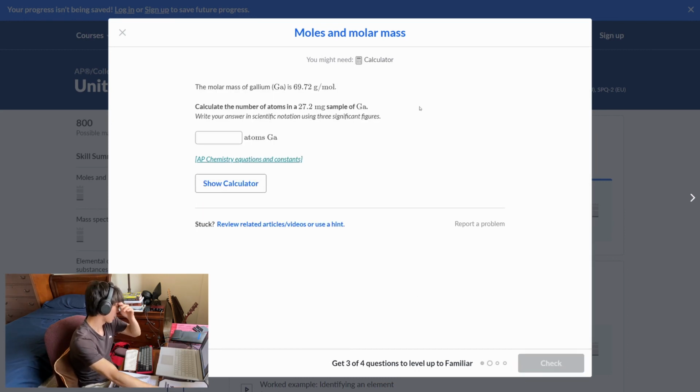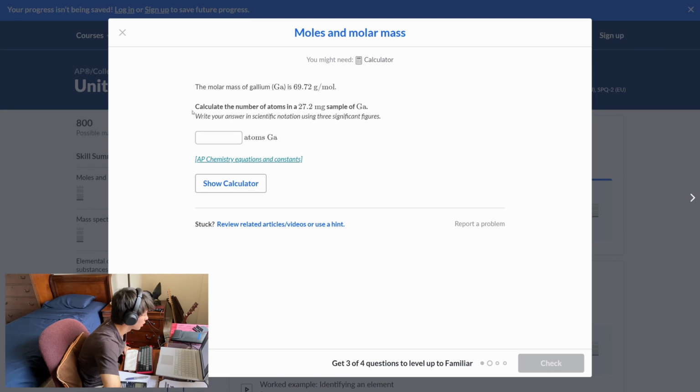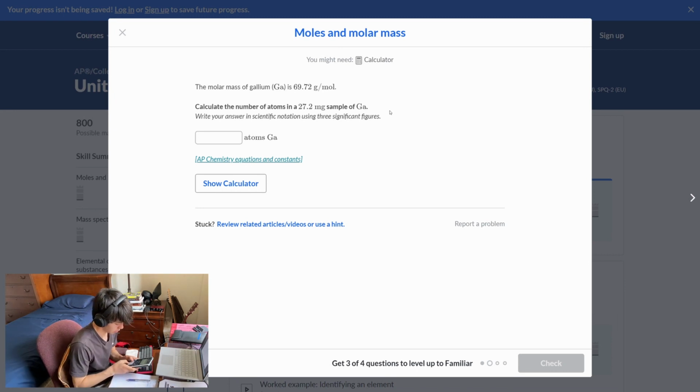Calculate the number of atoms. Molar mass is 69.72 grams per mole, which means we have 27.2 divided by 69.72 moles.